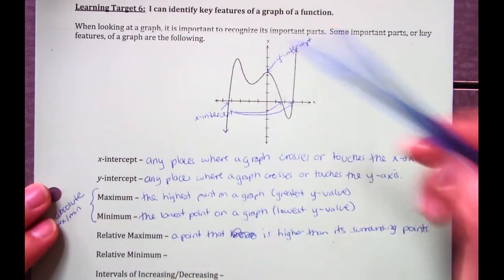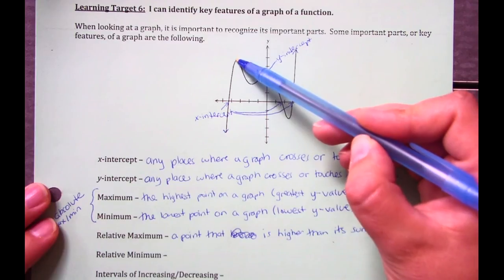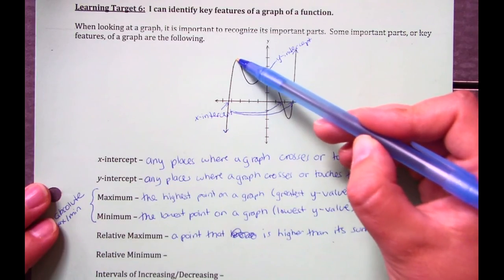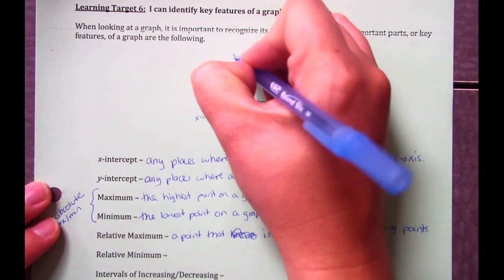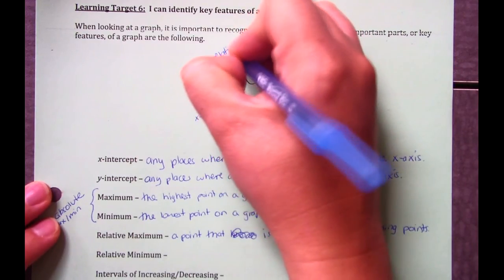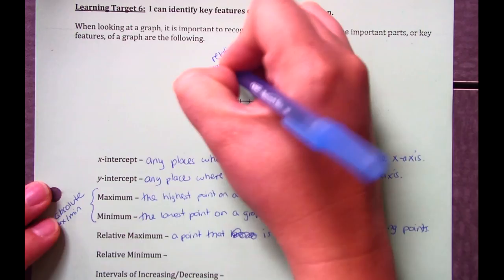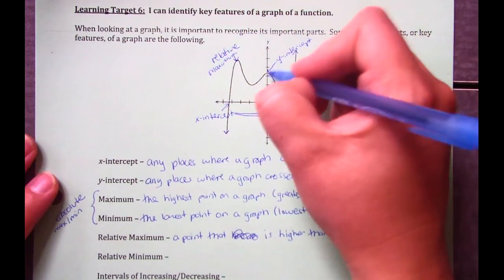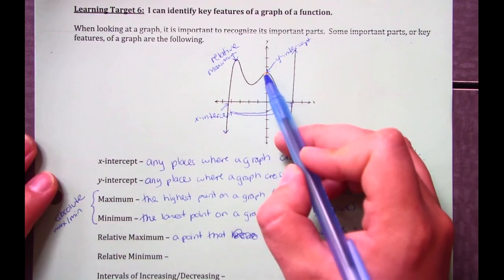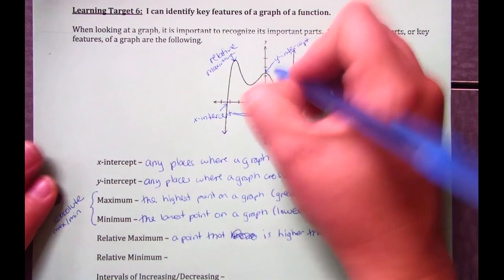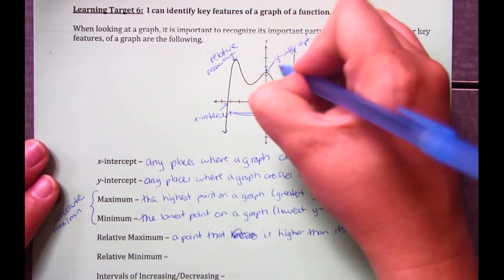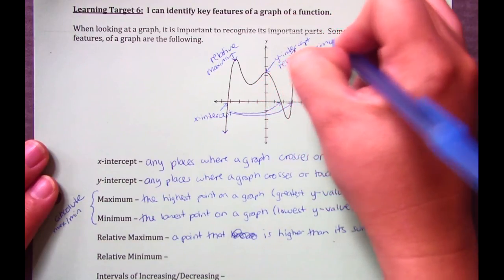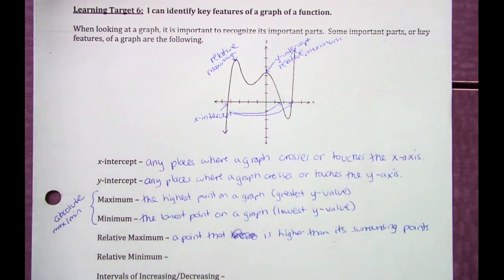So for example, this point right here, the points that are surrounding it are lower than it, so this is higher than the surrounding points, so this is a relative maximum. It is a maximum relative to the points around it, and here's another one. This point right here is higher than the points immediately surrounding it. So in addition to being the y-intercept, that's also a relative maximum.